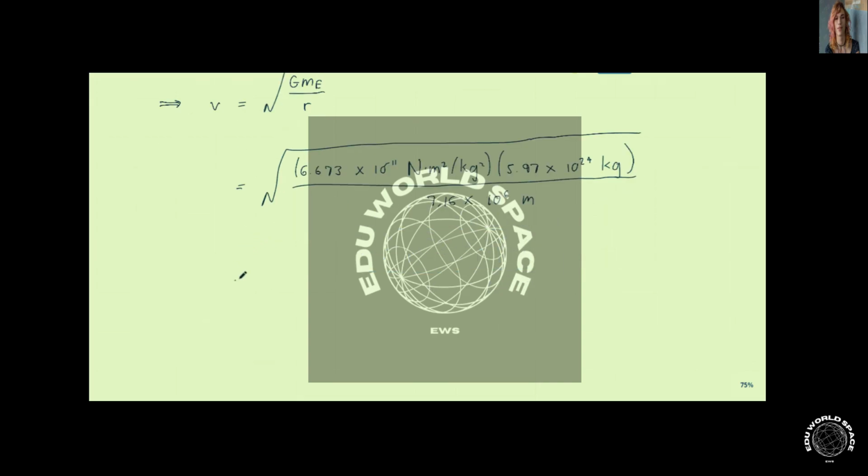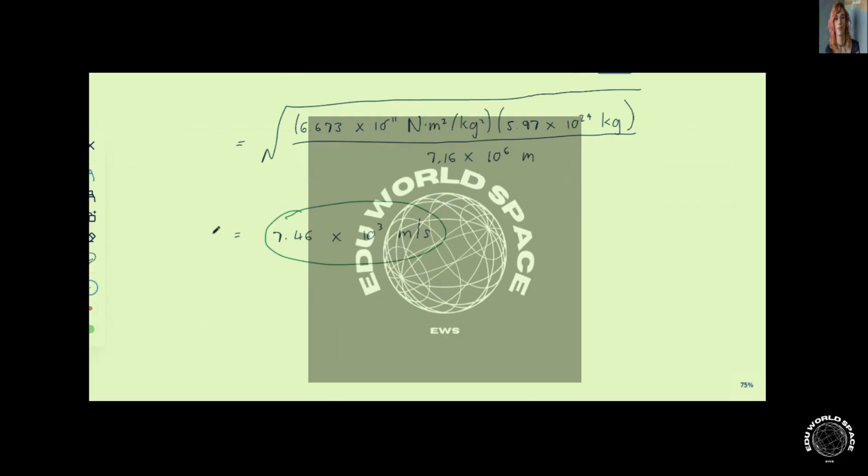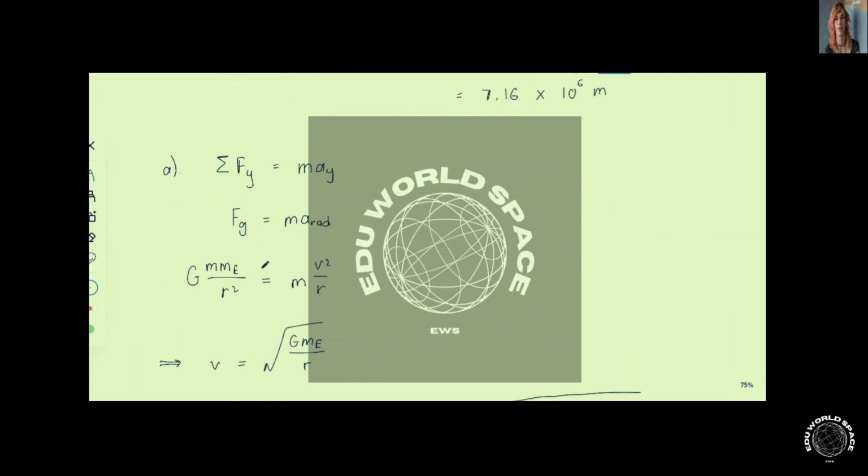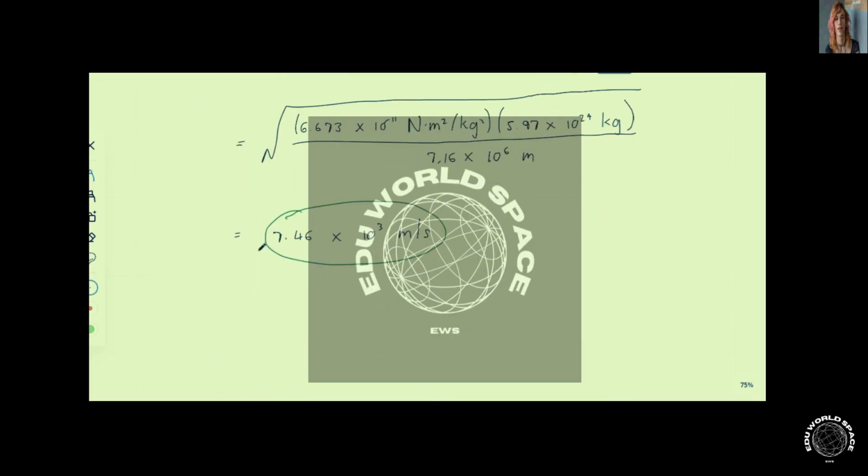And so calculating, we get the orbital speed of the satellite to be 7.46 times 10 to the power 3 meters per second. So that's the speed that the satellite needs to be given in order to stay at an orbital height of 780 kilometers above the surface of the Earth.